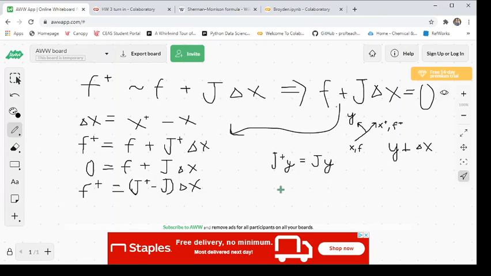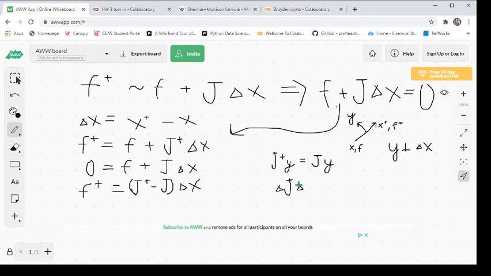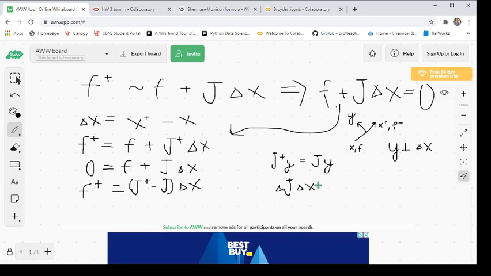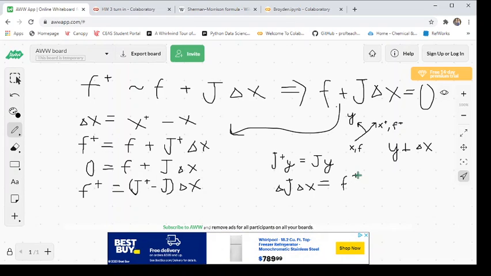The change in the Jacobian times delta x is our new function, and also the change in the Jacobian times the y direction equals 0. Because like I said, when we move in this direction perpendicular to the change in x, we get no new information. Therefore, it has no effect on the Jacobian, like we see here. So it equals 0.